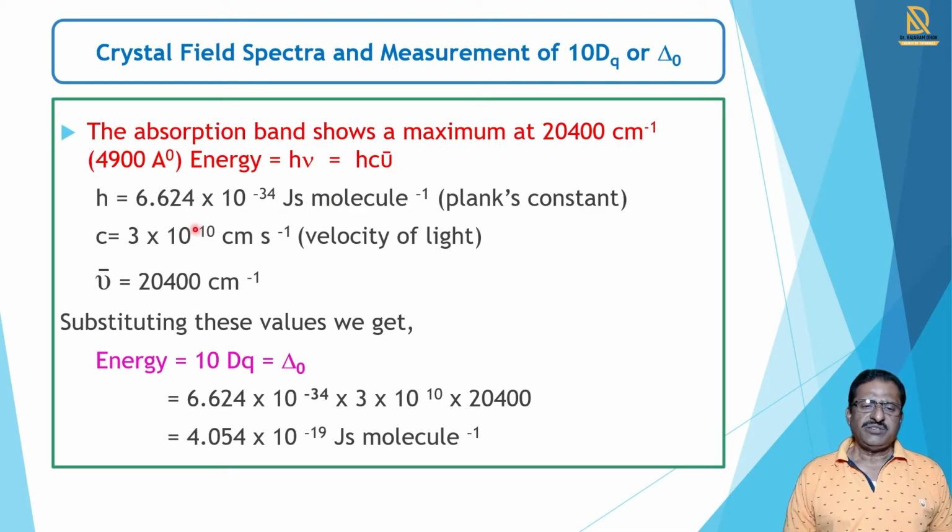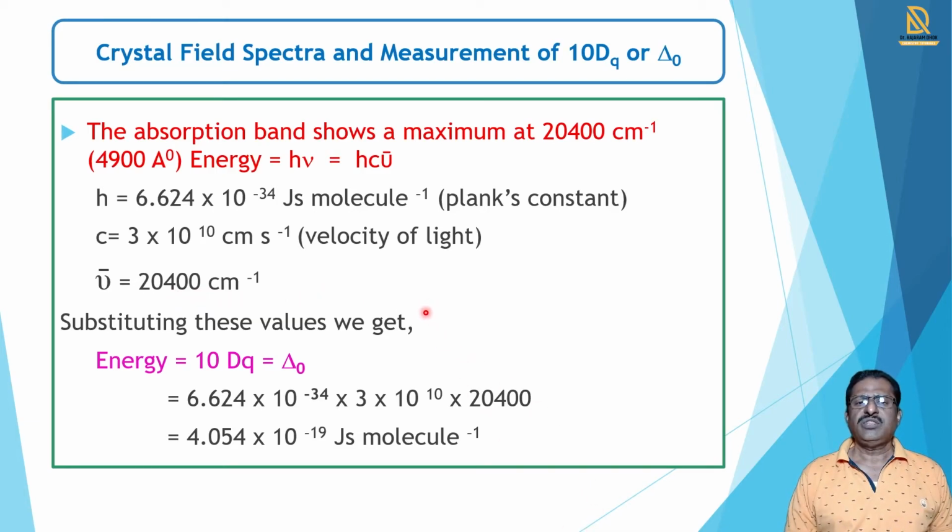Here h means Planck's constant, and we know the value of Planck's constant is 6.624 × 10^-34 joule second. Then c is equal to 3 × 10^10 cm per second, that is the velocity of light, and ν̄ is the absorption band, that is 20400 cm^-1. So these are all taken in the same units, so we take the wavenumber in cm^-1.